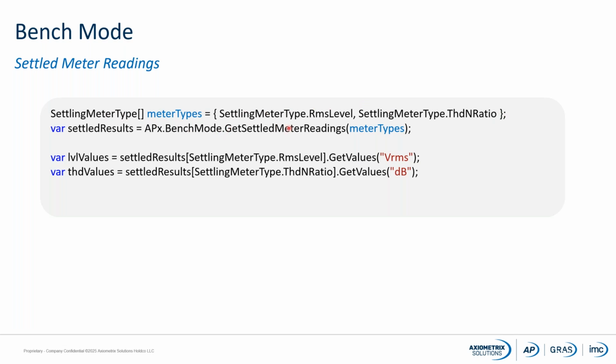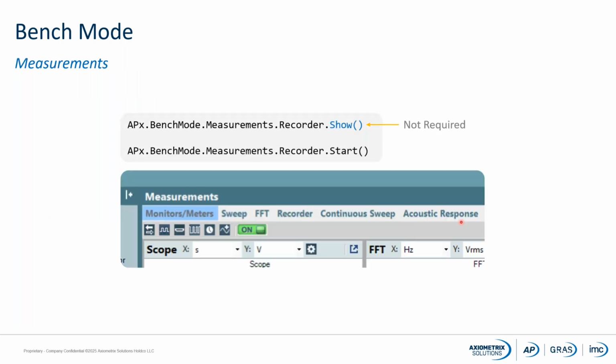You pass that into the method, which will return a collection of results. And from there, you can index into the results, again, based on meter type to get the desired values. In bench mode, you don't have to show a measurement before you utilize its APIs.